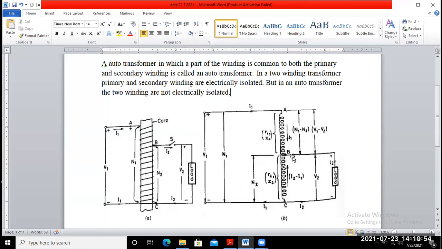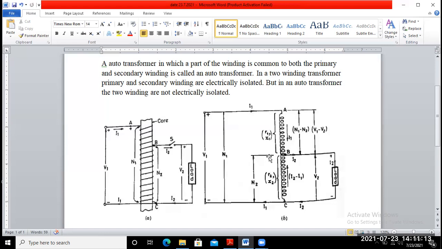And from this point is the current path of the load current, that means I2. And B to C has resistance and leakage reactance represented by R2 and X2, similar to the secondary of the two winding transformer.